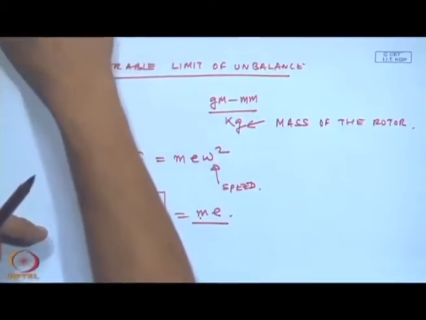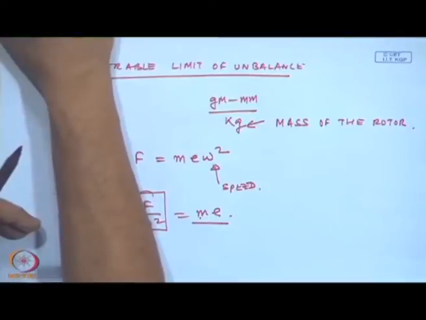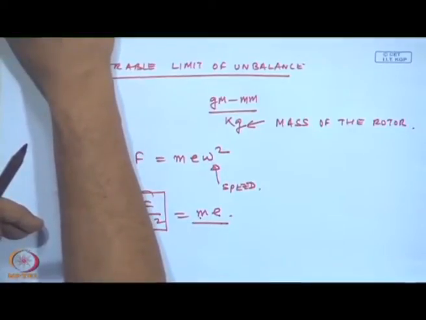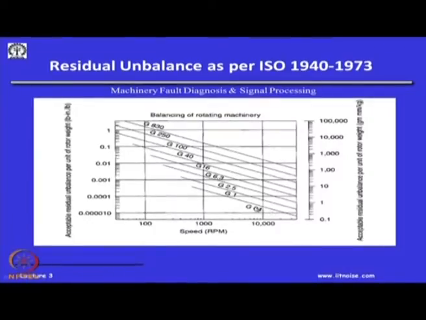So, for large levels, G 830 means a very high mass rotor, and this is G 0.04. With speed, the amount of unbalance which you can tolerate will obviously reduce, because with speed we anyway have a very high force from omega square. So, at the same grade we will have higher levels of acceptable unbalance at lower speeds, which is intuitive.